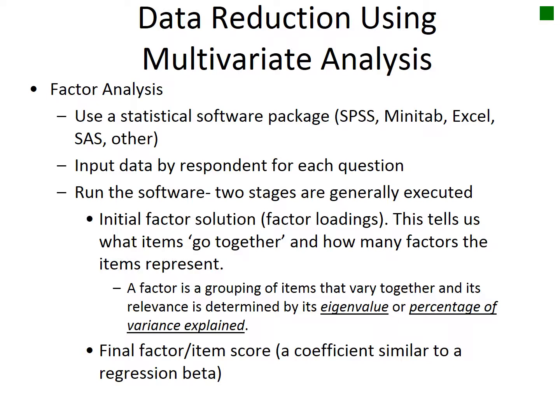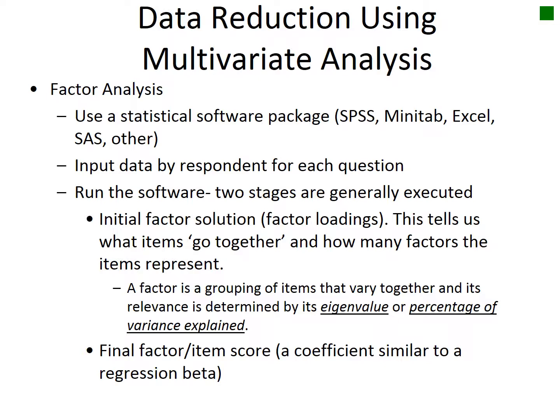Regression betas are coefficients that show the significance of a particular question or item in a regression formula. Here, the same type of coefficient is calculated so that you know how valuable or how strong each question is relative to the factor that the question lies within.